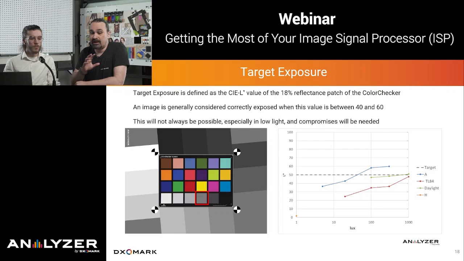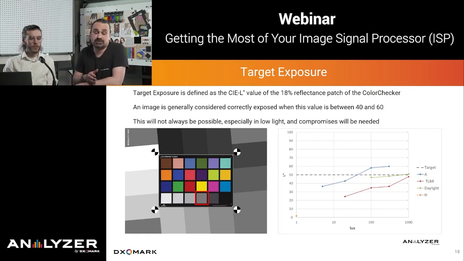So first of all, I need a target for my lightness. So I need to know how much lightness I have right now. Target exposure is generally the average level of lightness in the scene. To get a notion of that, what we can do is take our color checker and select a patch of known reflectance that is going to fall somewhere in the middle of the dynamic range of my sensor.